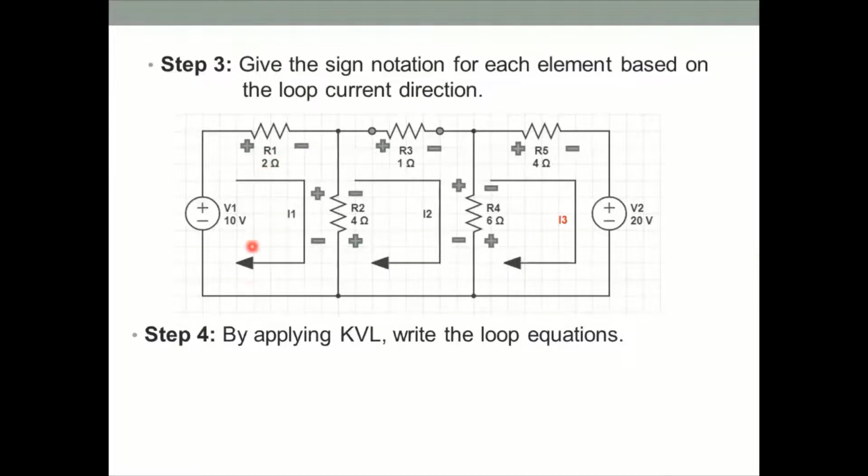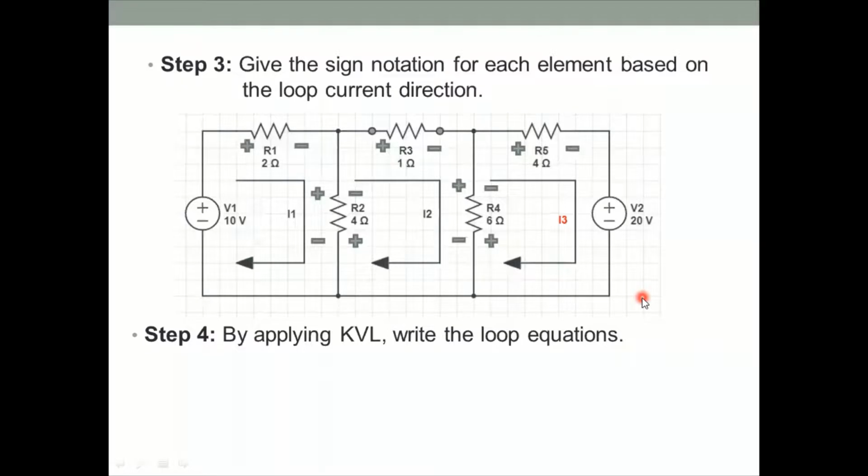Whenever the current is flowing from plus to minus, it indicates that there is a potential drop. A potential drop will always be represented with a minus symbol. If the current is moving from minus to plus, then there will be a potential rise. A potential rise is always positive, that is plus.